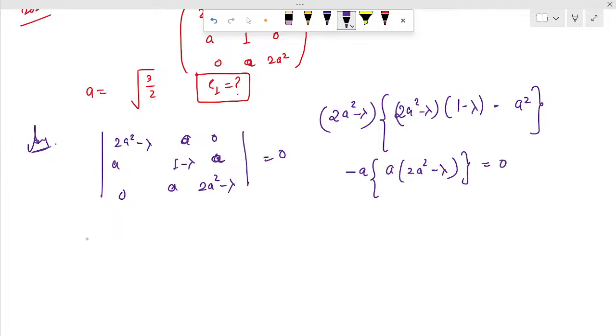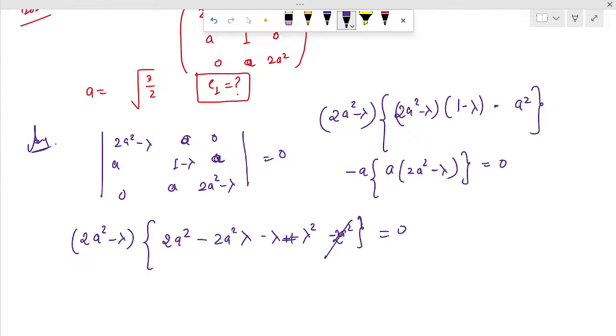Now from here you can take 2a square minus lambda common out, and inside you will have 2a square minus 2a square lambda minus lambda plus lambda square minus a square, and the other term also gives minus a square, so this gets cancelled.